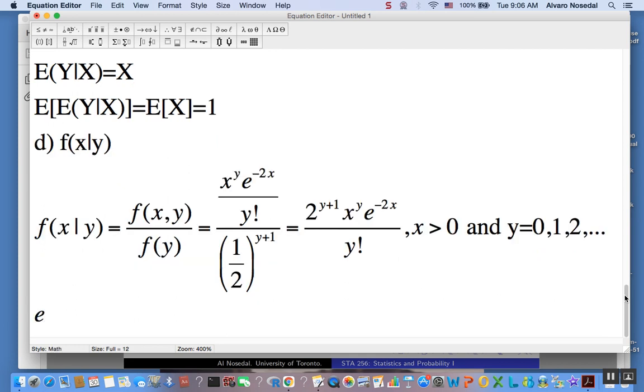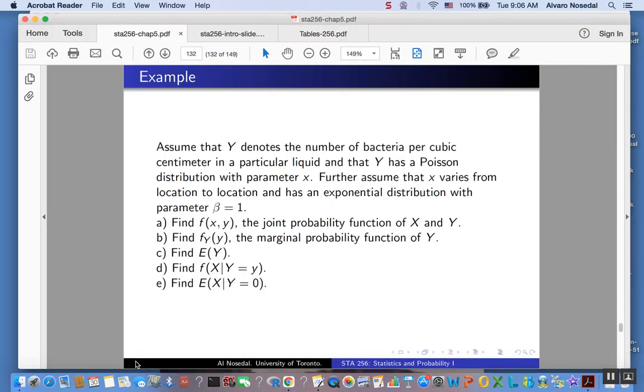The other conditional probability distribution. Note that again we have to, in this case, give me y and then I'll know what this expression looks like, and you'll see in a minute that that makes sense.